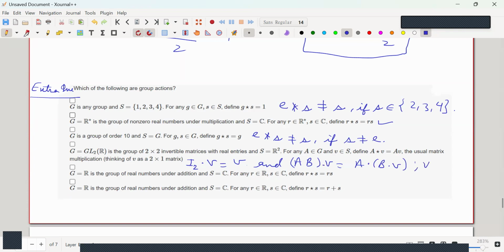So even the second property holds. What about the last? They have already been done, right? Yes. Under addition, this is not true, but this is okay.